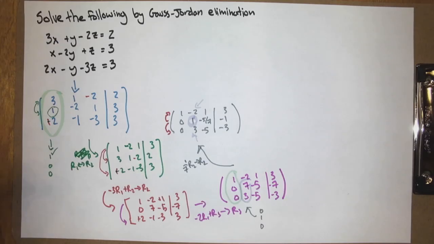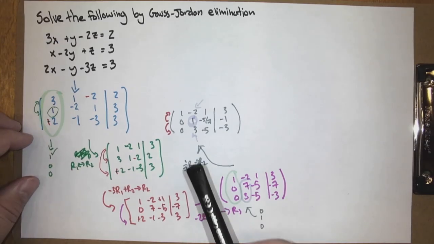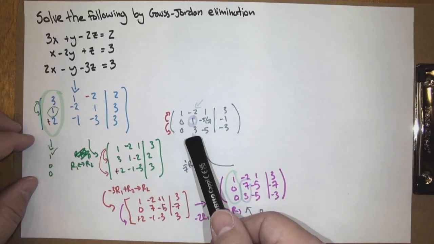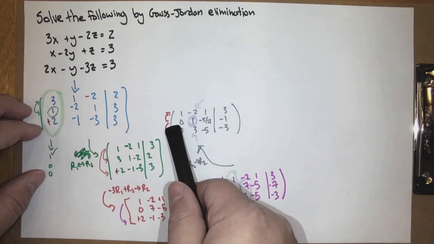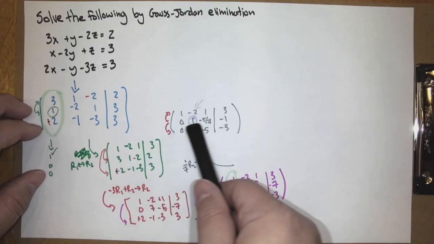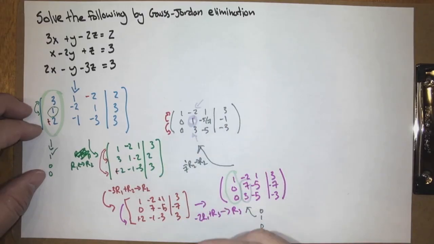All right, so let's start with the negative 2. How do we use this one to knock out the negative 2? Well, multiply the middle row by 2 and add it to the first row.